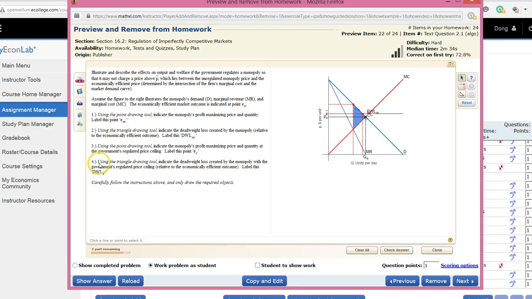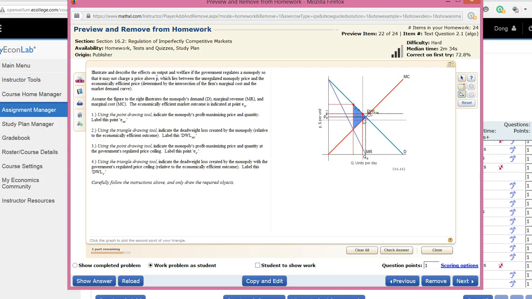Fourth, the final part: using the triangle drawing tool, indicate the deadweight loss created by the monopoly with the government regulated price setting, labeled DWLR. With this price, the triangle lies to the right of the equilibrium price and quantity combination, below the demand curve and above the marginal cost.